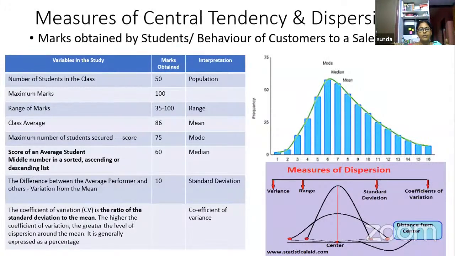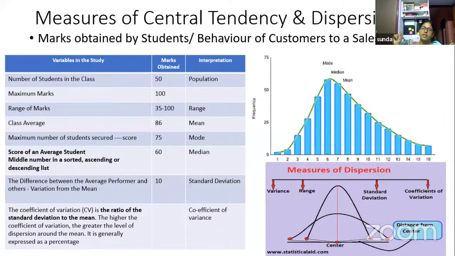Okay. So with this, we can understand the number of students in the class, the minimum marks and the maximum marks scored by them, the class average, that is, on an average, what is the performance of the class, which type of score is mostly scored by the students, the range where the majority of the students are, and then the midpoint, the mid-scorer, the score of an average student.